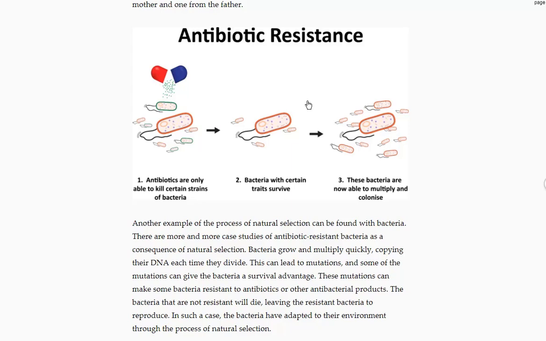take over again. Furthermore, as time goes by, antibiotics have become more and more widespread. I mean, they used to prescribe antibiotics for anything. They're like, oh, you're feeling bad, here, take these antibiotics. Well, guess what? Mutations happen. Natural selection happens.